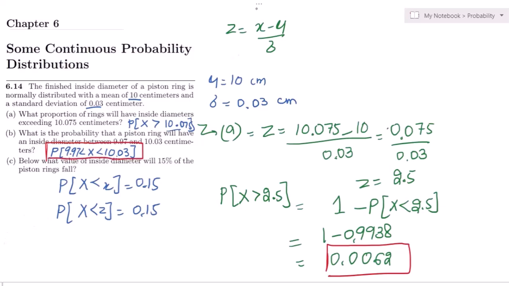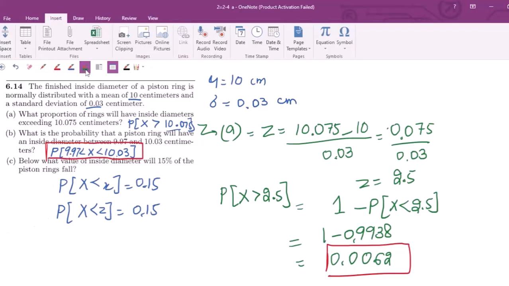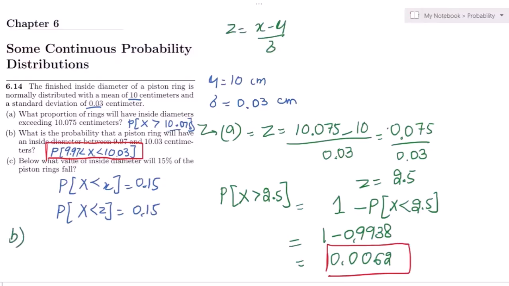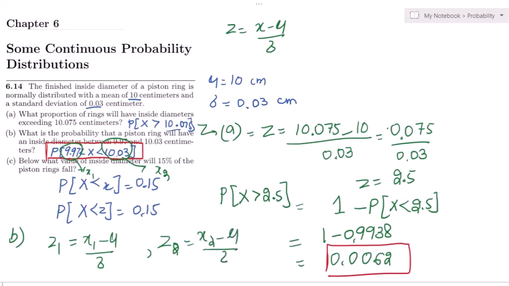Let me solve it: I call these x1 and x2, and first we have to convert them to z1 and z2. So z1 is equal to x1 minus mu divided by sigma, and z2 is x2 minus mu divided by sigma.